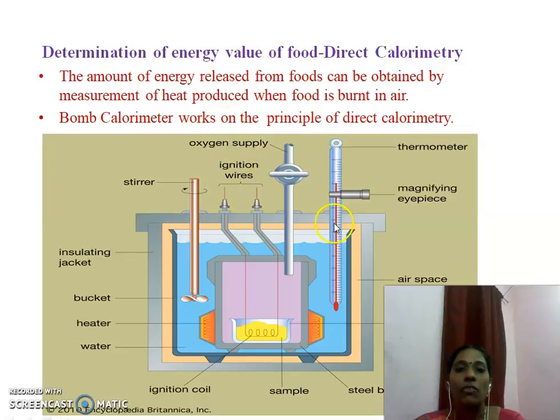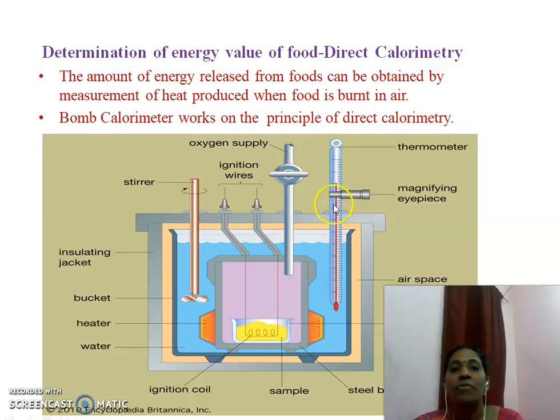Now if you note the differential thermometer, you can see the increase in the temperature of the water. This increase is nothing but the food releasing some heat, and that heat is absorbed by the water which is present in the bucket, and that increase in the temperature will be noted down.